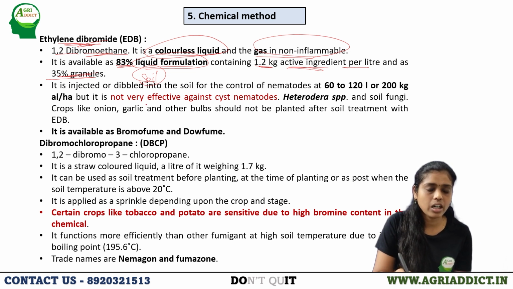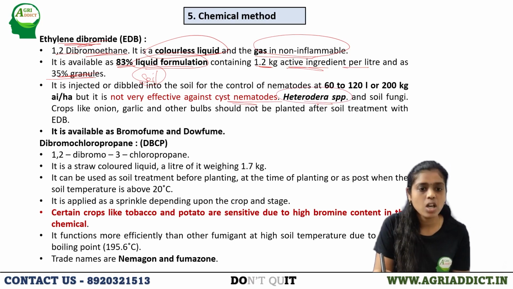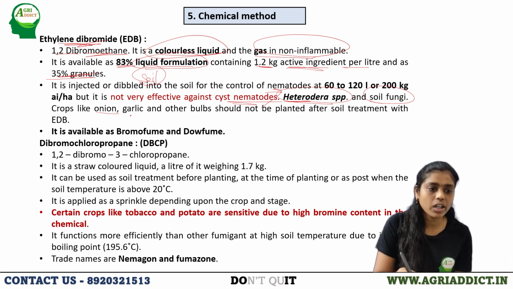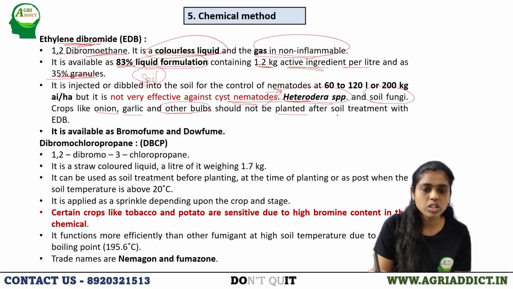One important thing you have to keep in mind is that it is not effective against the cyst nematode, that is Heterodera species. So this chemical is not used for management of cyst nematode, Heterodera species, and also for soil fungi. Crops like onion, garlic and other bulbous crops should not be planted after soil treatment with EDB because it has a phytotoxic effect on such crops.